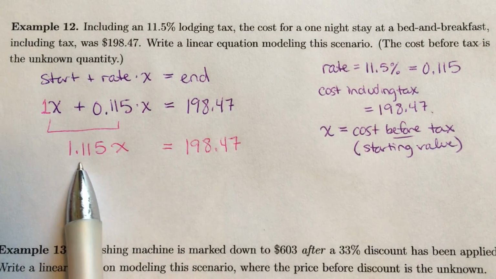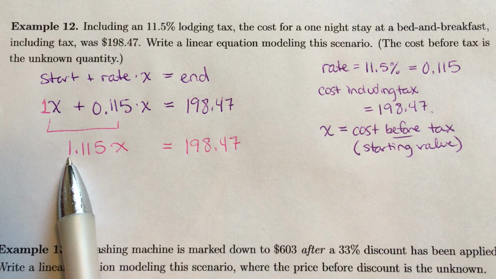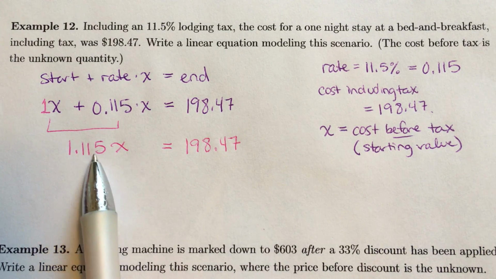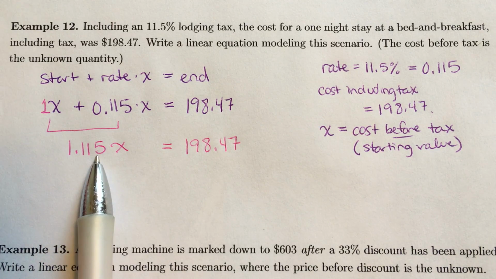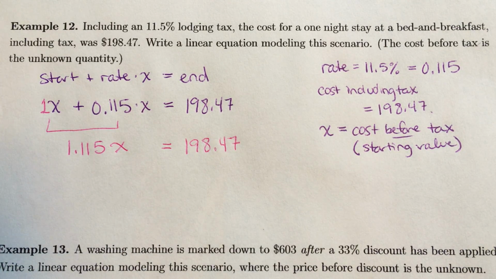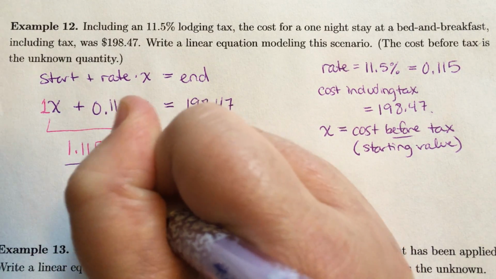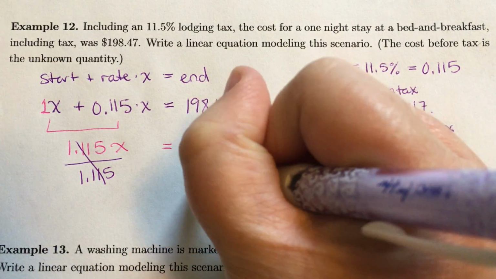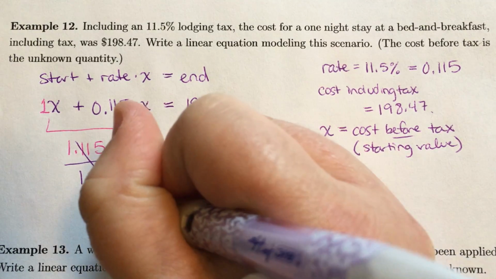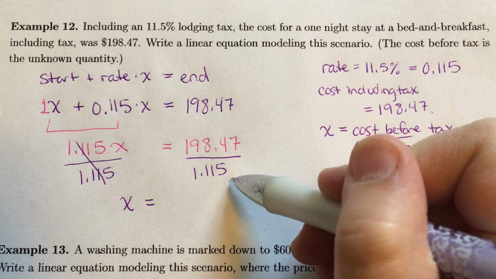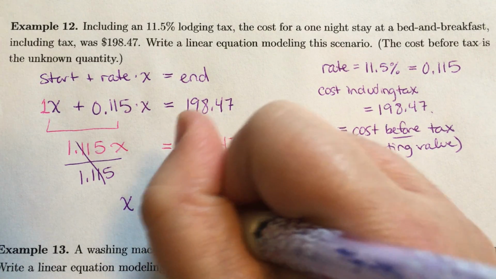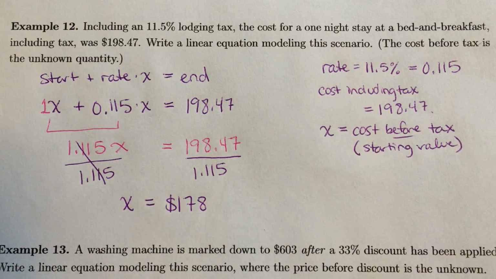This is actually sort of a shortcut way to add a percentage to a value, is to add 1 to the percentage. But in our case, we're trying to solve for x. So I'm going to divide both sides by 1.115, and then use a calculator to get this number, which in this case is $178.